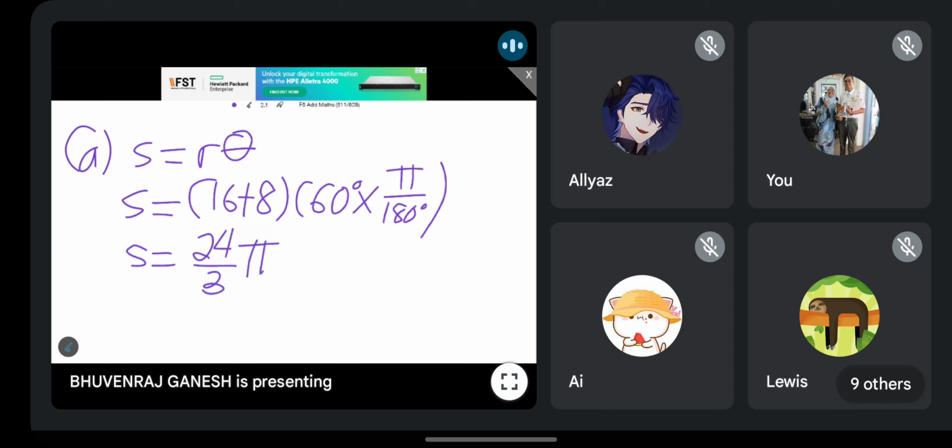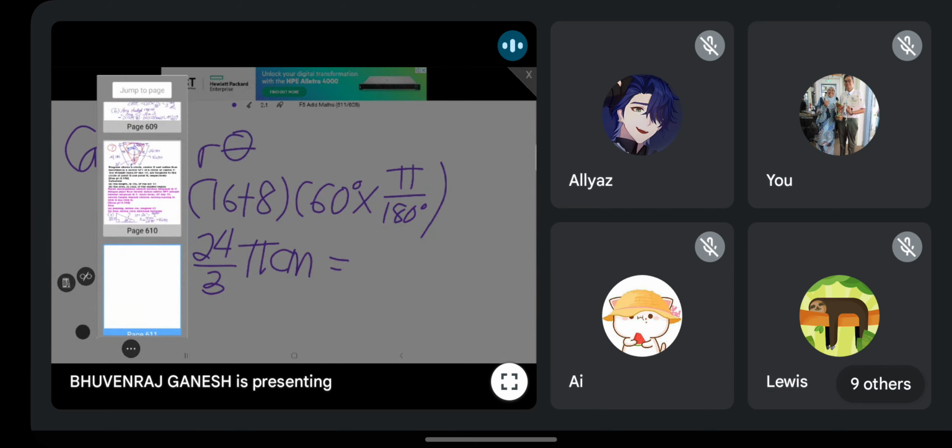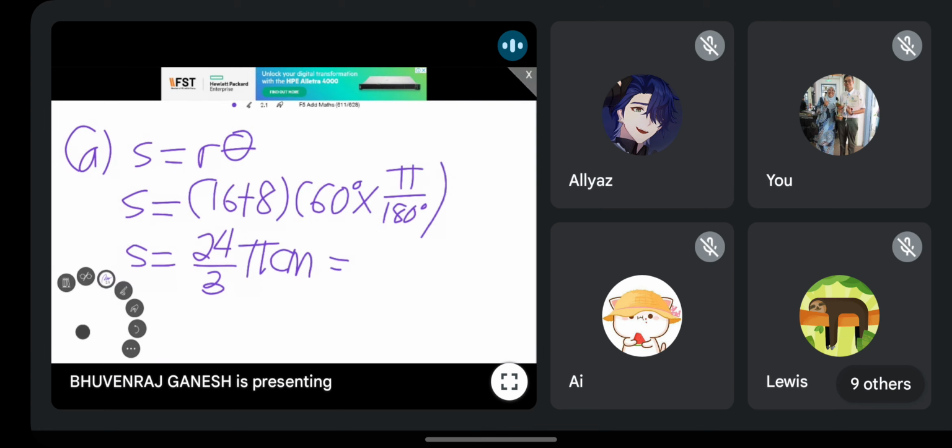over 3 pi centimeter. If you want to write the exact answer, let me see, did the question mention pi value? Okay, soalan kata guna pi sama dengan 3.142. So you must substitute 3.142. Okay, don't use any other value.